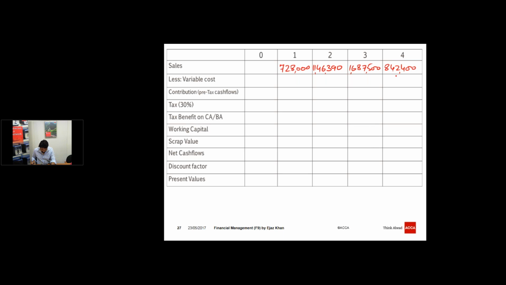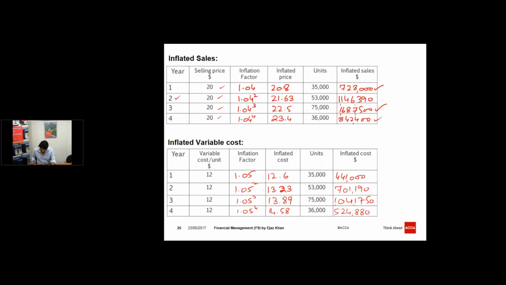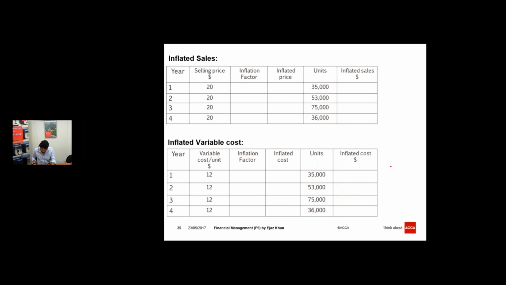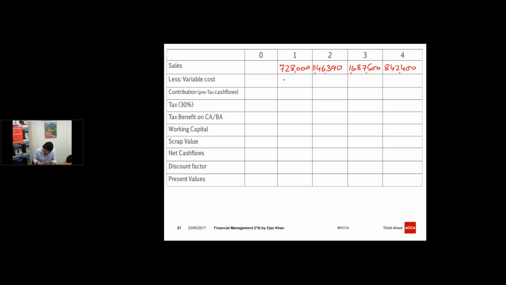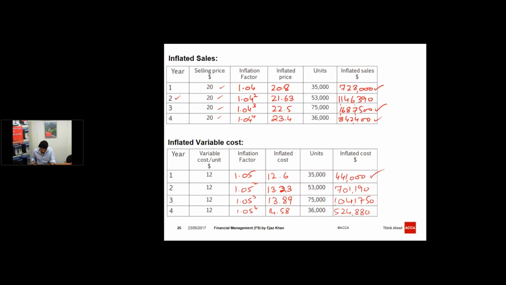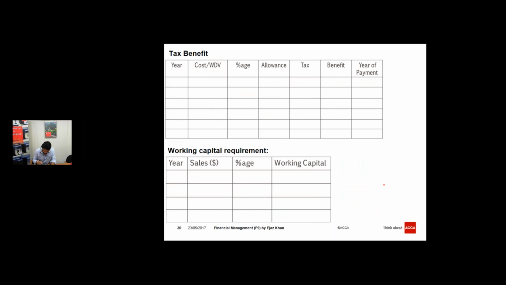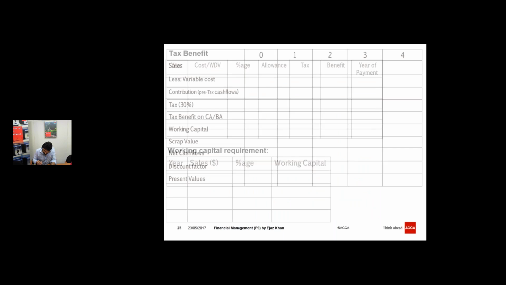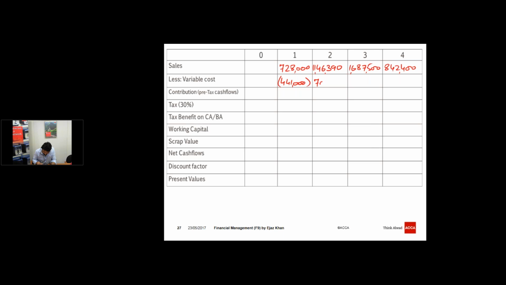Now we'll put the variable cost figures. Variable cost for year one, $4,41,000. And since it will be cash outflow, we'll straight away put the bracket sign. Then we have 701,190.